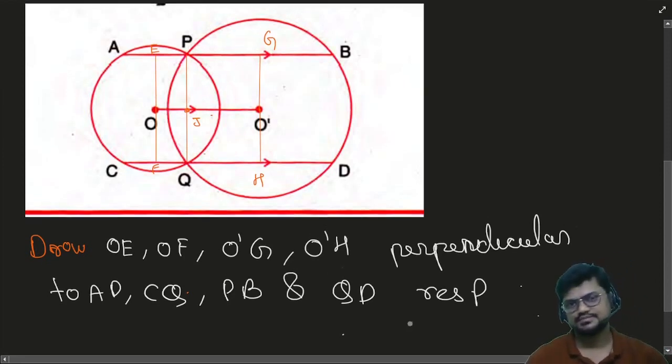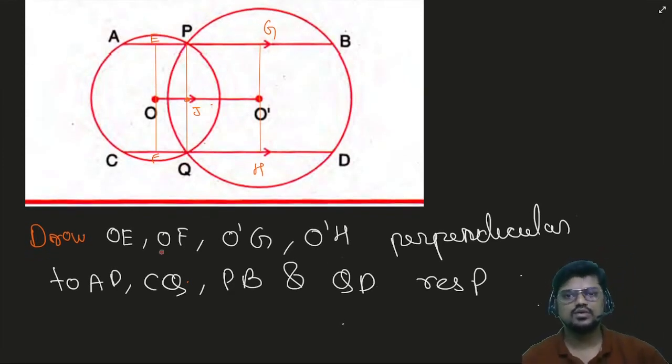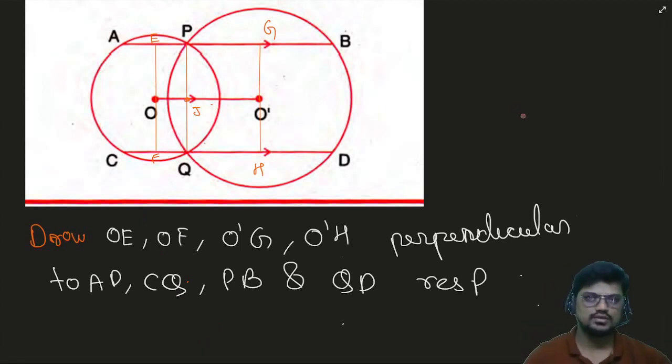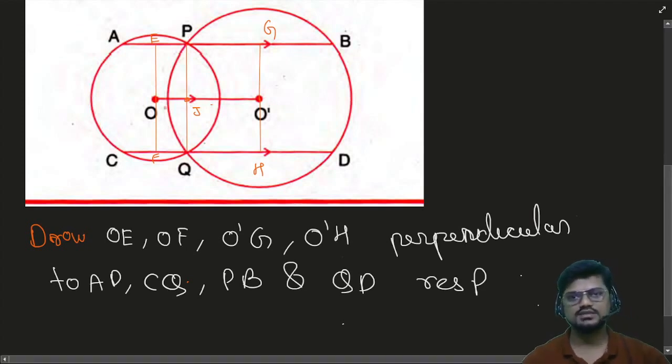Now after this, since they are drawn perpendicular, if OE is drawn perpendicular, what I know is EP is equal to AE.